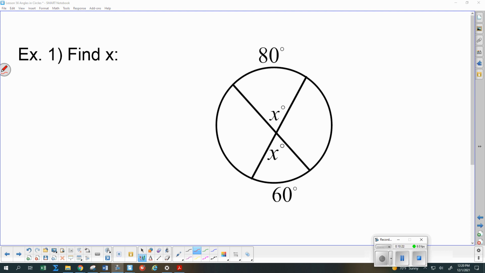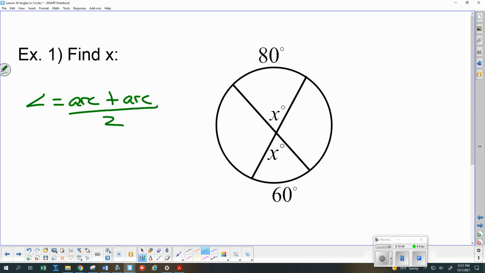So in this picture, do the lines cross inside or outside the circle? So is this the plus or minus formula? I want you to write down angle equals arc plus arc over 2, and then show me your substitutions.